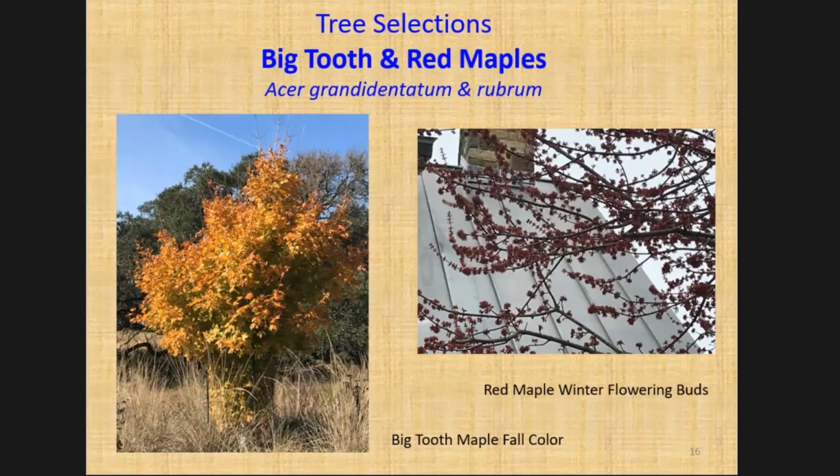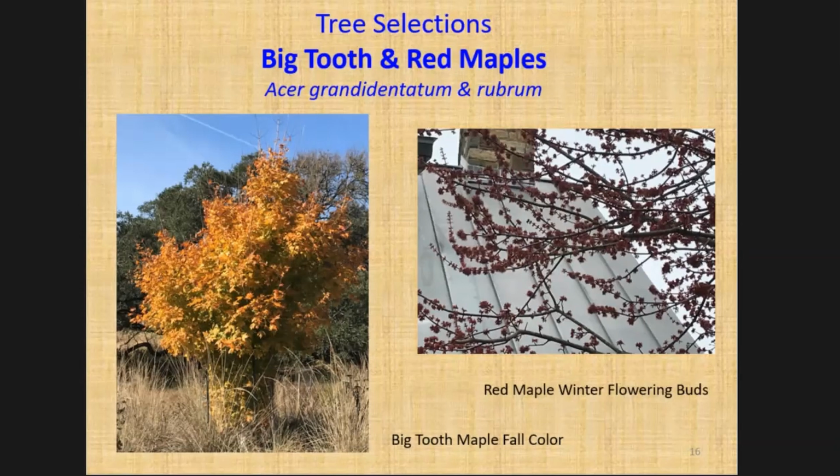In the middle of the fall, you're getting that red color all the way through, and then as the last leaves fall off, you get these red buds and flowers in the wintertime. And maybe if you got one of these and the previous tree we talked about, the understory tree, the possum holly, you'd have two red colors there.